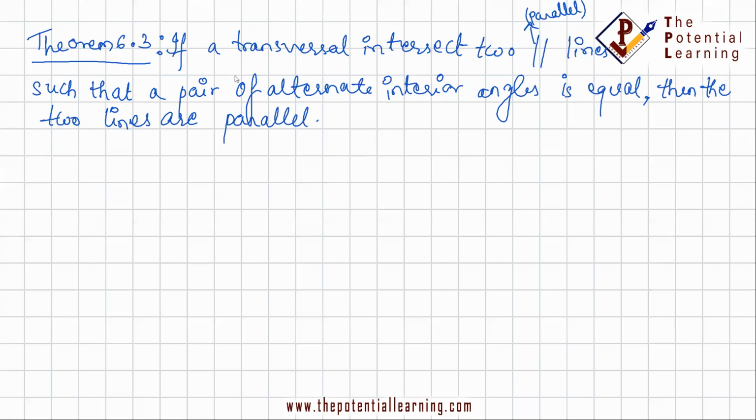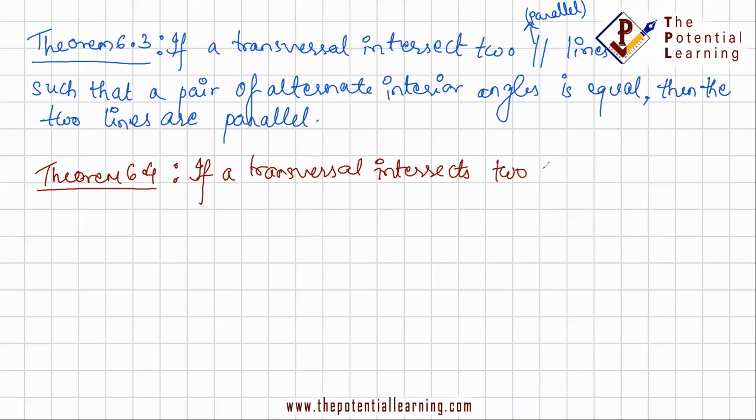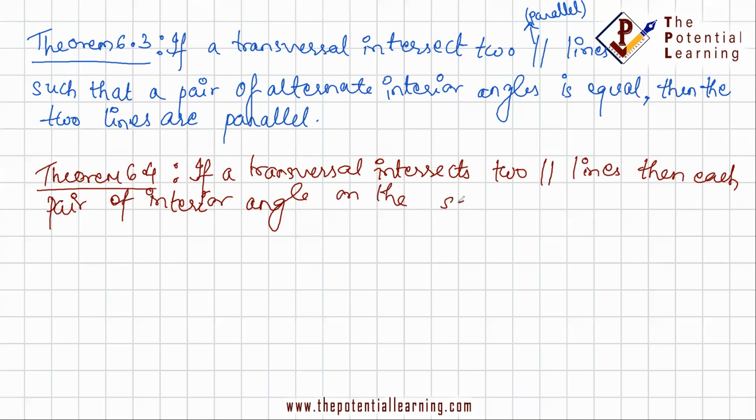Now the next theorem, extracted from the previous one. So it is, if a transversal intersects two parallel lines, then each pair of interior angles on the same side of the transversal is supplementary.